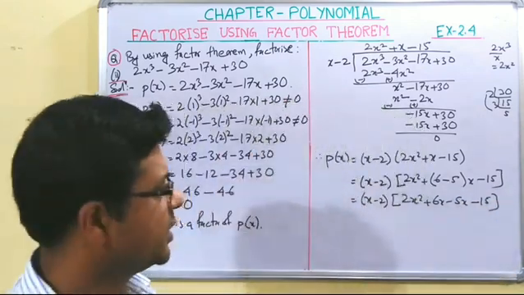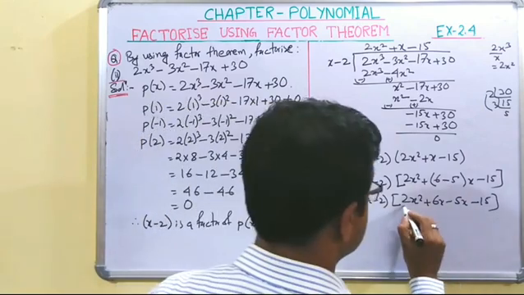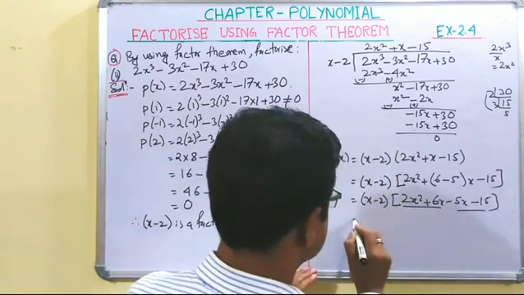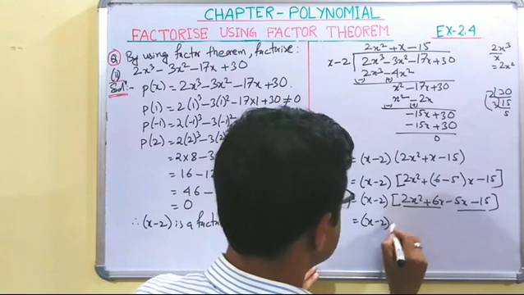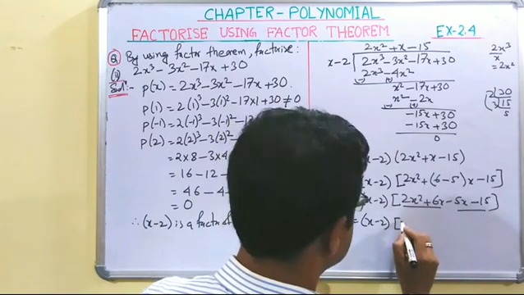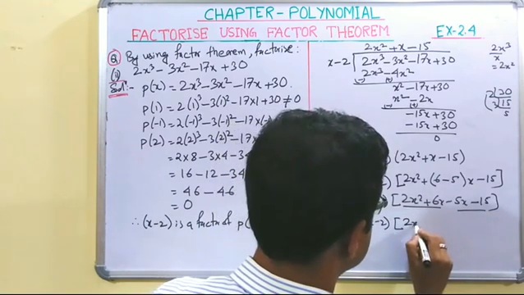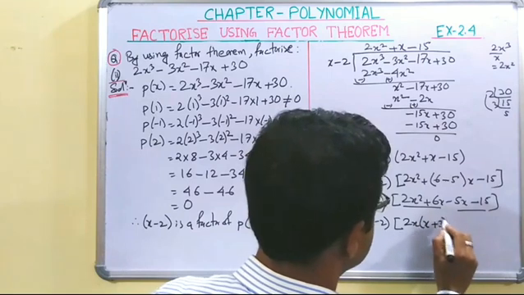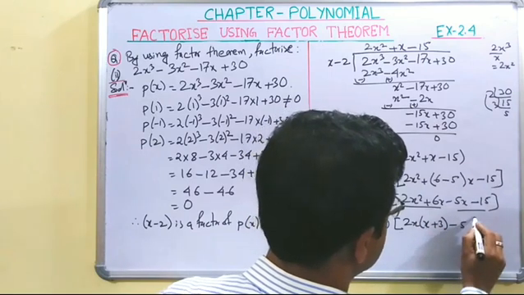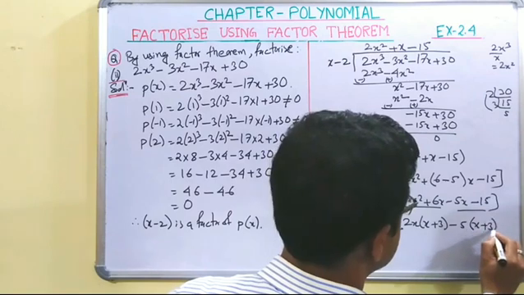Okay, dear student. Now here we make one pair and another pair. From the first pair, what is common? Twice x is common: x plus 3. From here, what is common? Minus 5: x plus 3.